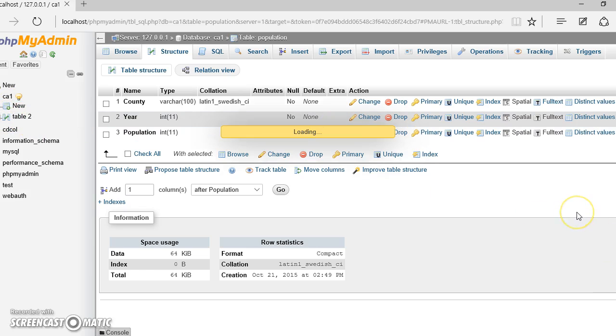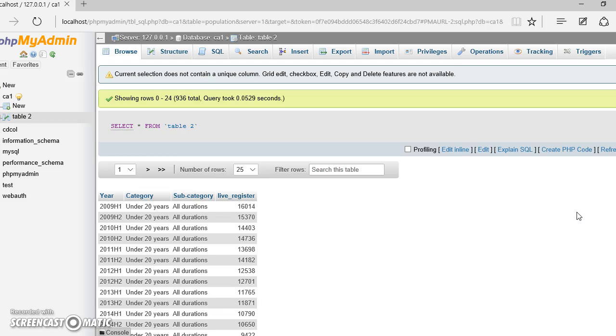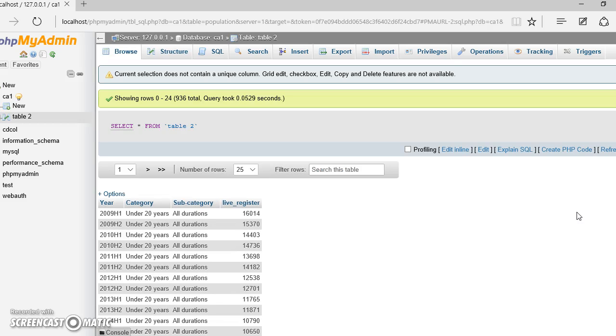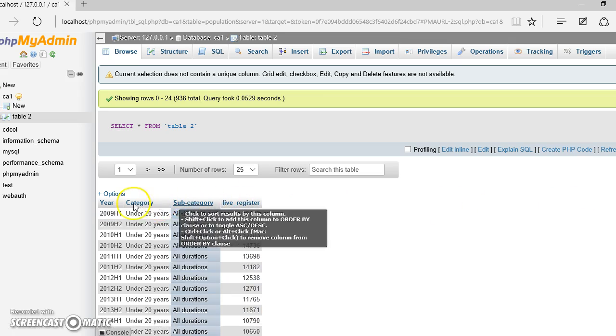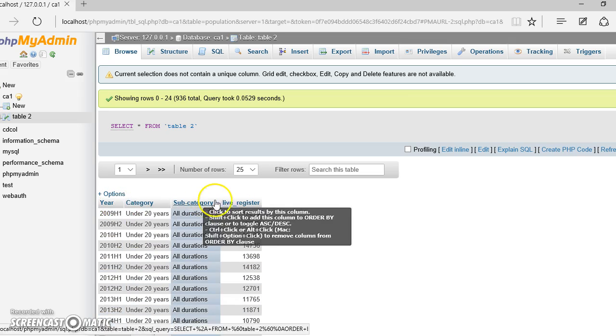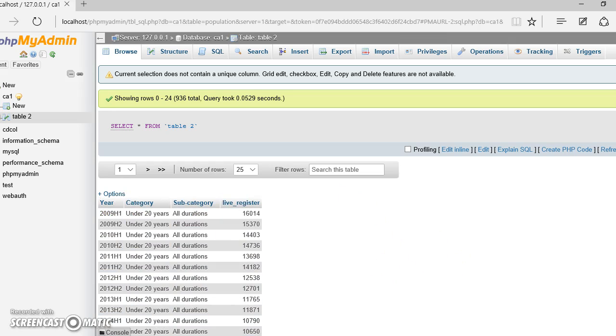I had a problem with the live register where I kept getting invalid input on column 1. I tried a couple of times to import it while creating a table, but the workaround was to format it again and take out the top row: year, category, subcategory, and live register. Then I skipped creating a table and imported it straight away, where it automatically created a table.